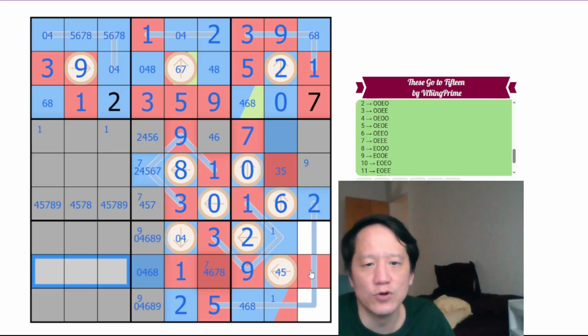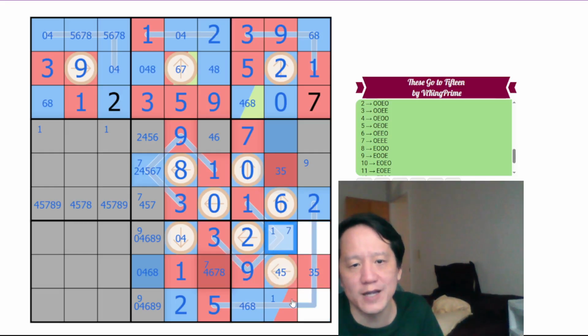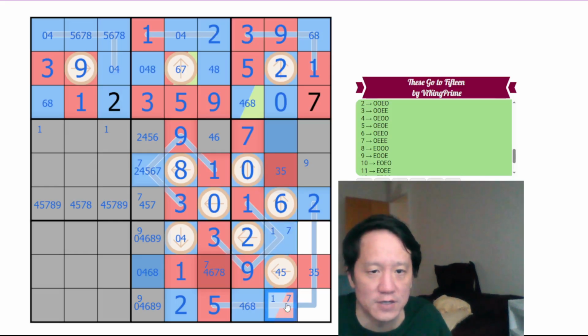Remaining digits of row... This has to be 3 or 5, because it cannot be 1, 7, or 9. 1, 9 here, and 7 here. 7 can't be here. 1 has to be here, and 7 has to be one of these two. So 7 can't be here, 7 can't be here, 7 can't be here. Therefore, it's 1 and 7. One of them has to be at least in one of these cells.